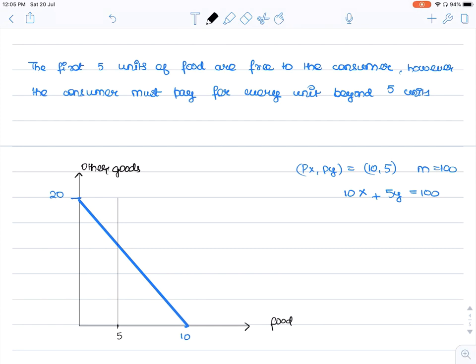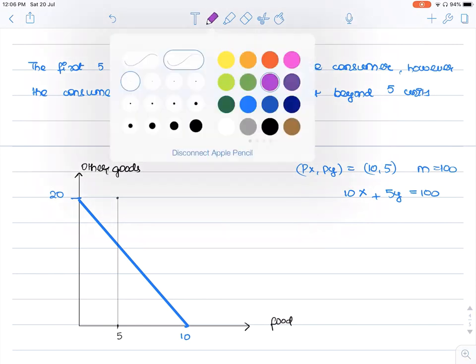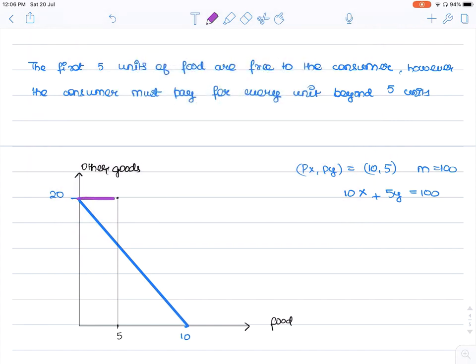If you're consuming just 5 units of food, you will use a food stamp, because the food stamp gives you a right of consuming 5 units of food for free, and you can still consume 20 units of the other good. So I can draw my budget set like this.